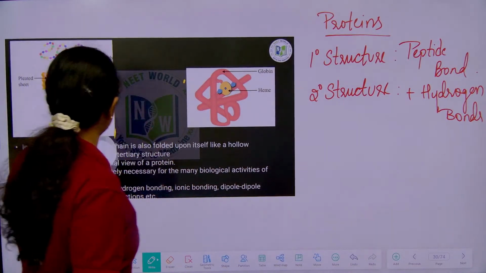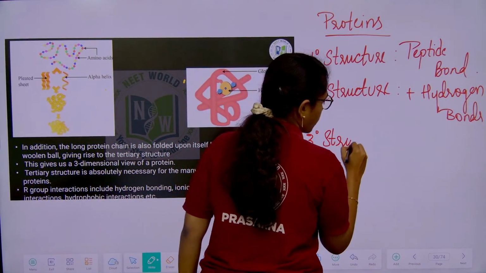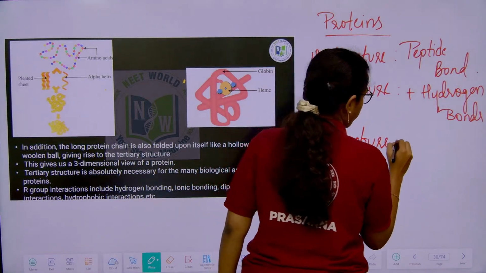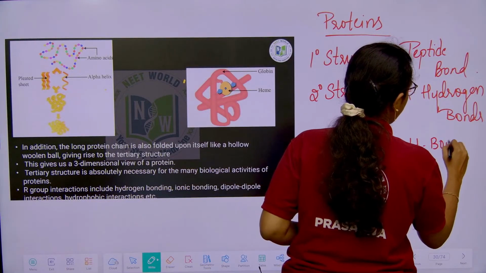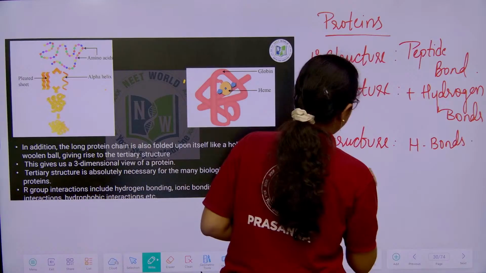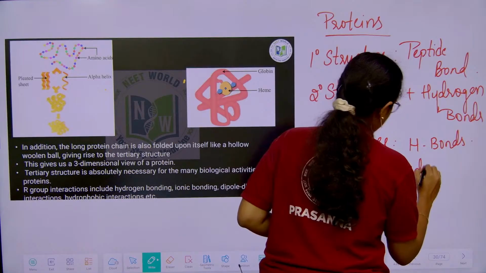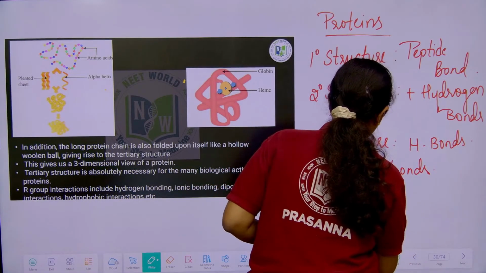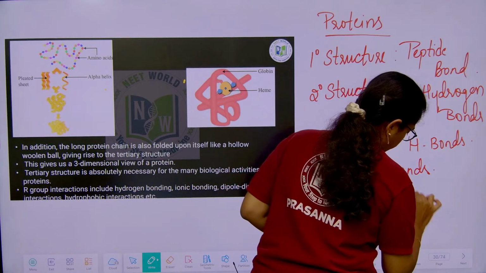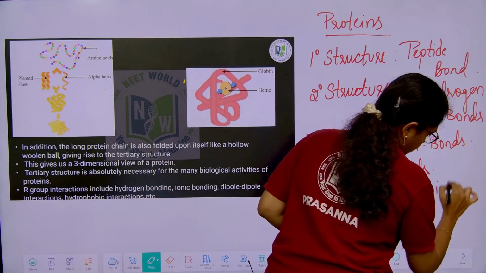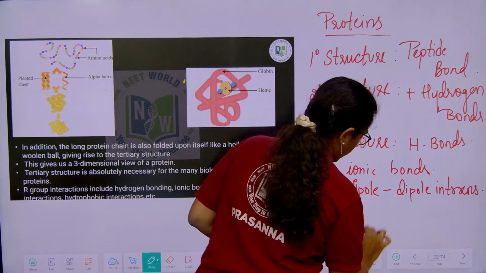A woolen ball-like structure, that is tertiary structure, which includes hydrogen bonds, ionic bonds, dipole-dipole interactions, hydrophobic interactions.